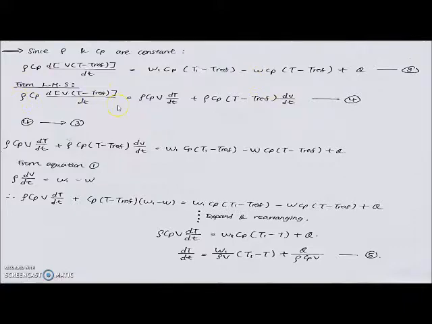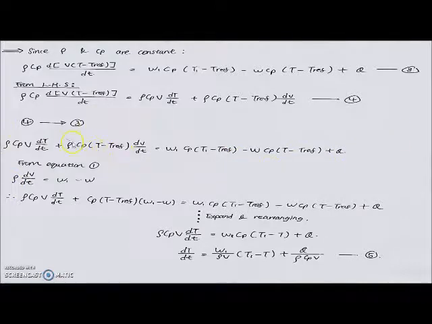The product rule of differentiation is u v prime plus v u prime. If you apply this concept to the left hand side of the equation, you get equation number 4, exactly the same. Now you substitute equation 4 back into equation 3, and you get this whole complicated equation.